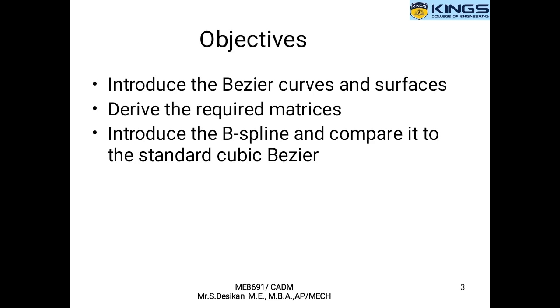You will have the detailed knowledge. Second, how to derive the matrix format of B-splines and Bezier curves. And third, what is the standard cubic Bezier? These are the things we have to know after the completion of the second unit.